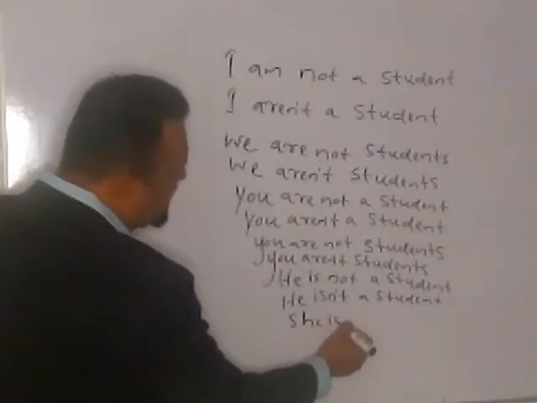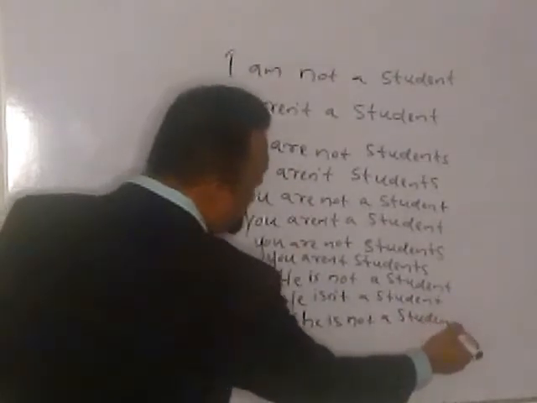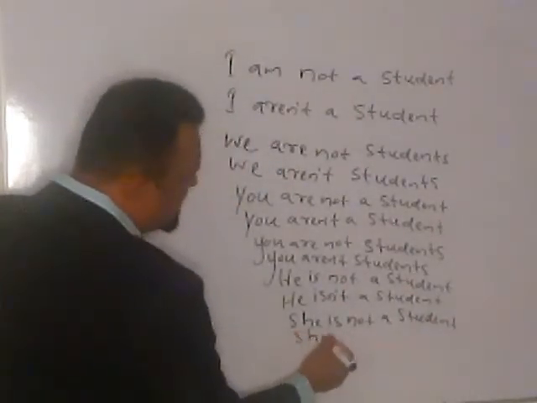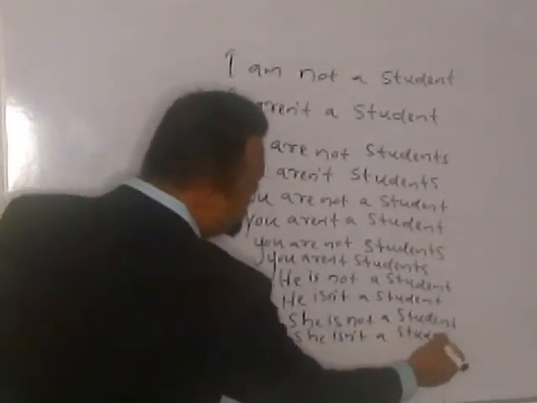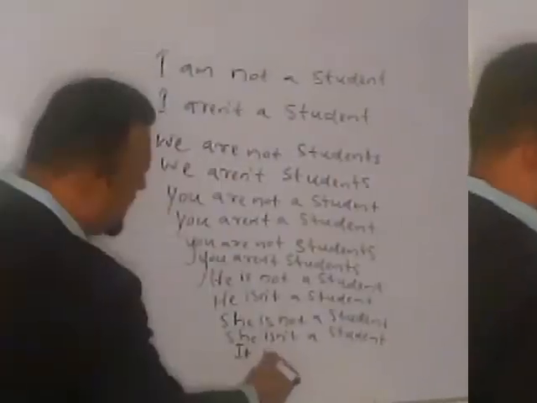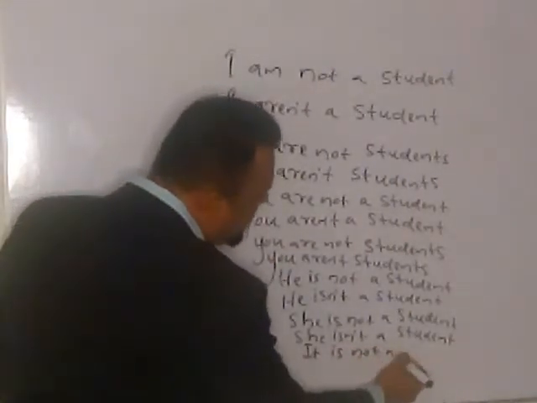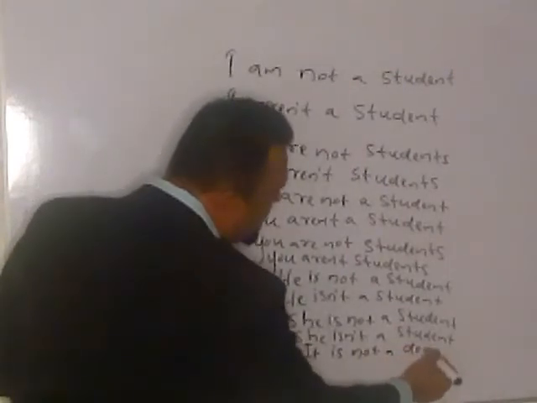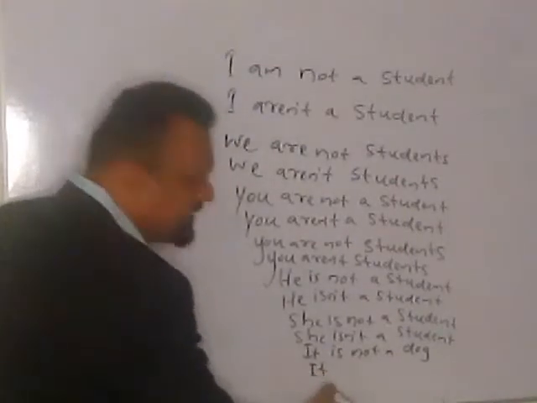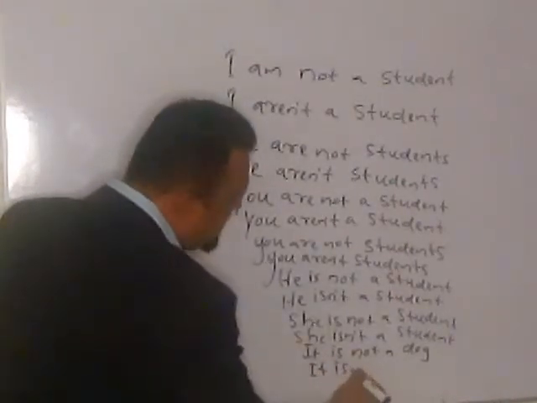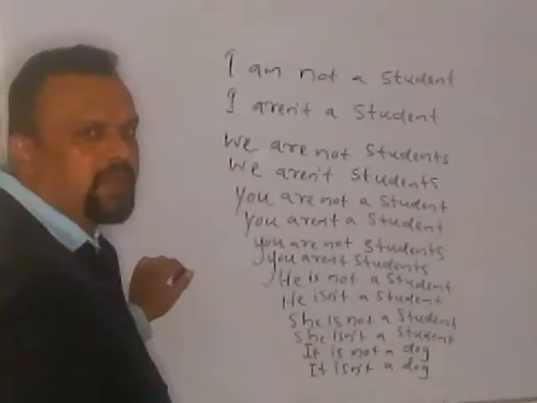Next, she is not a student. Contraction. She isn't a student. It is not a dog. It isn't a dog. We have remaining one.